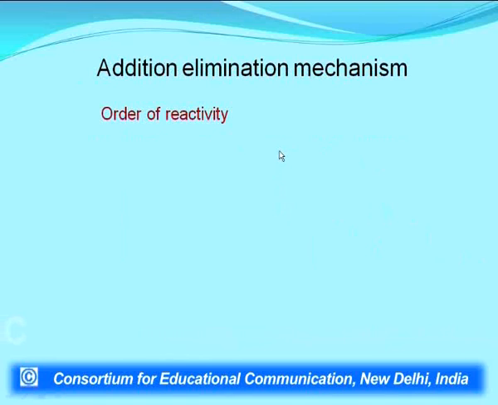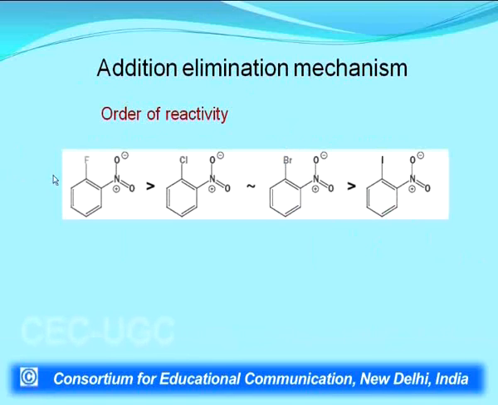Now, we talk about order of reactivity. It is surprising to see here that if a fluorine is attached to benzene ring, that is a fluorobenzene, chlorobenzene, bromobenzene and iodobenzene each having nitro group at the ortho position, we find that the rate is maximum for that of nitrofluorobenzene and it is slowest for nitroiodobenzene.